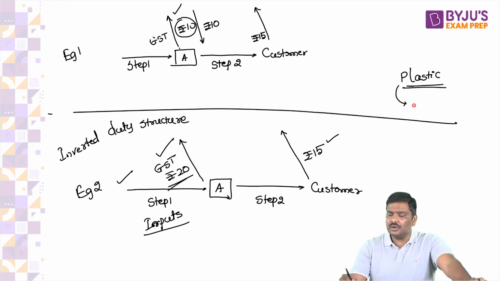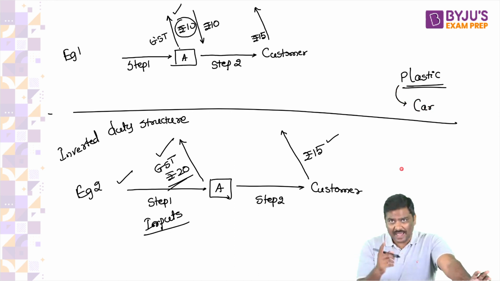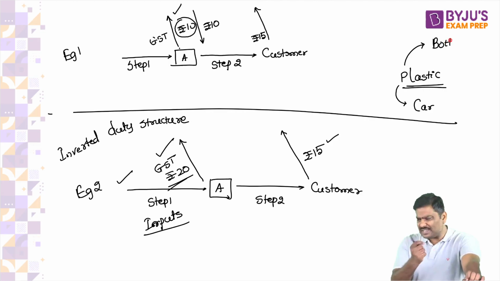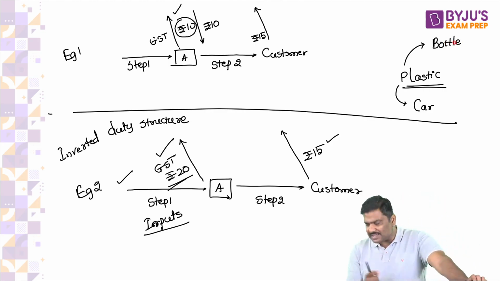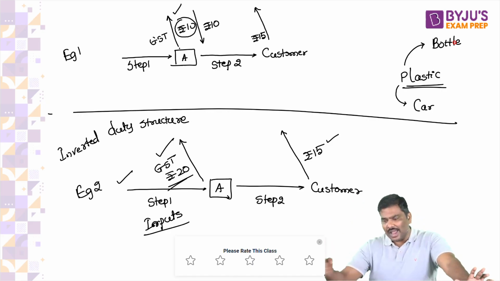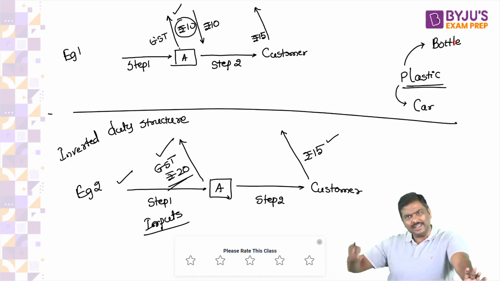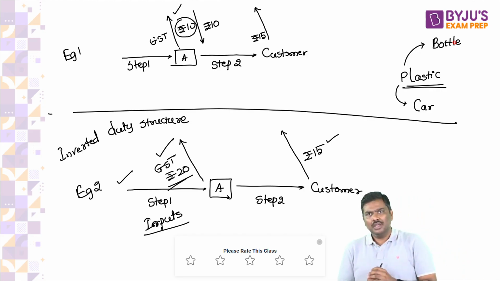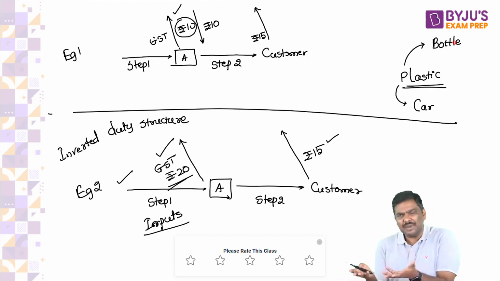Plastic can also be used in manufacturing of a bottle. Any problem? The plastic can be used in the manufacturing of the bottle, and it can also be used in the manufacturing of a car. Anybody has a problem? It's a very simple example.